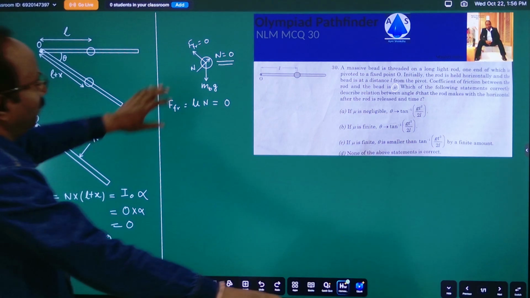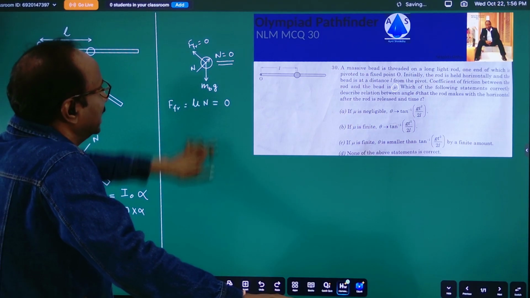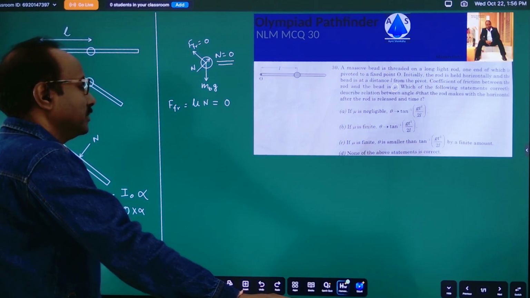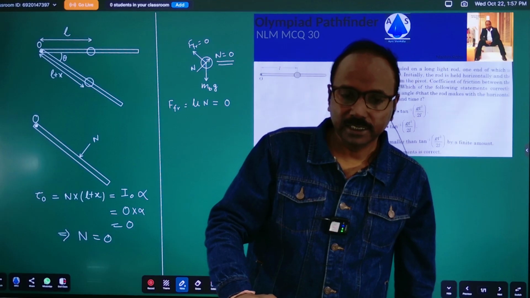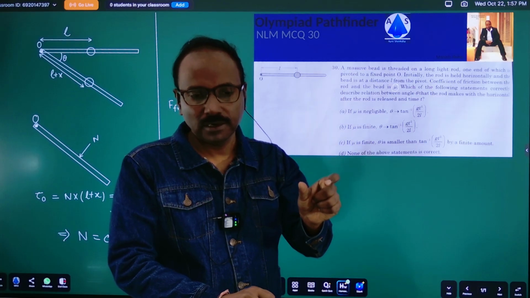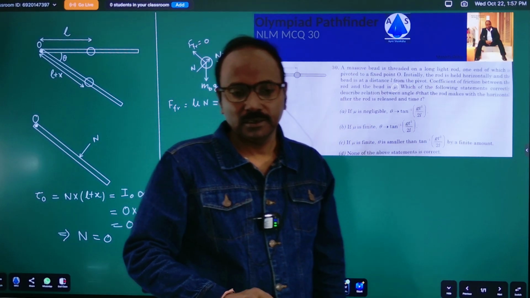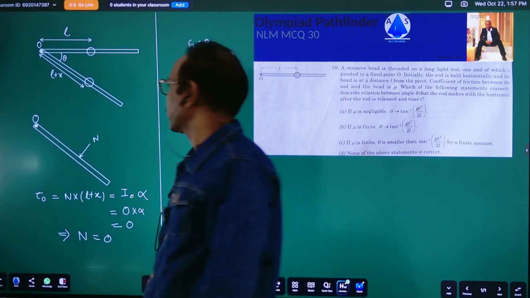Means the total force acting on the bead is only mbg, the gravitational pull. So what we can understand from it is that the bead will fall with the gravitational acceleration g. It's a free fall.